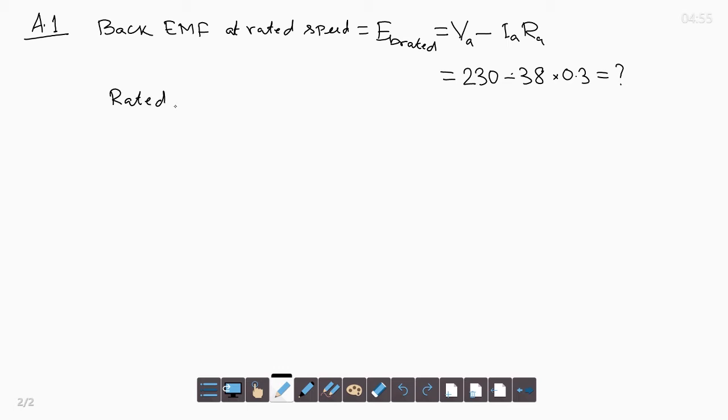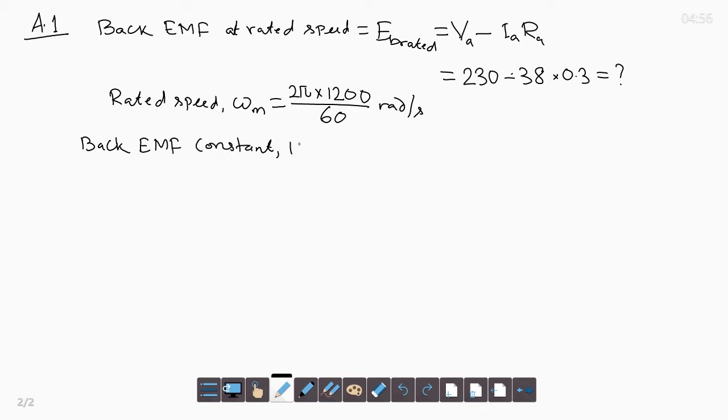Rated speed omega m equals 2 pi into 1200 by 60 radian per second. So, back EMF constant, which we denote as K phi, is EB rated by omega m.